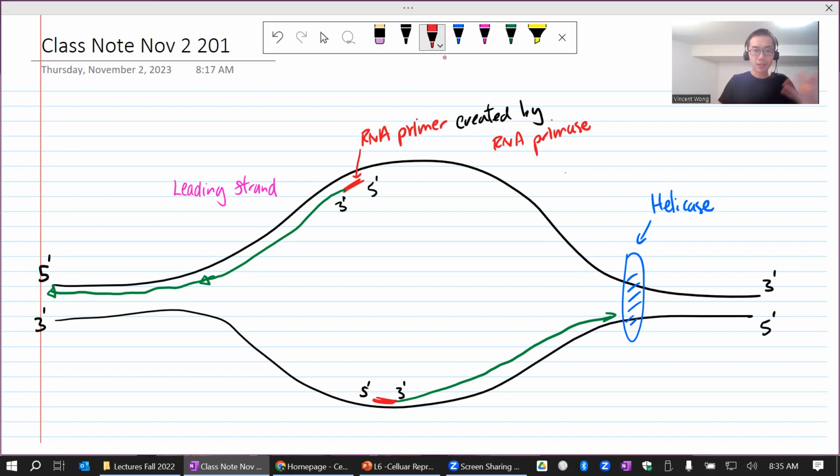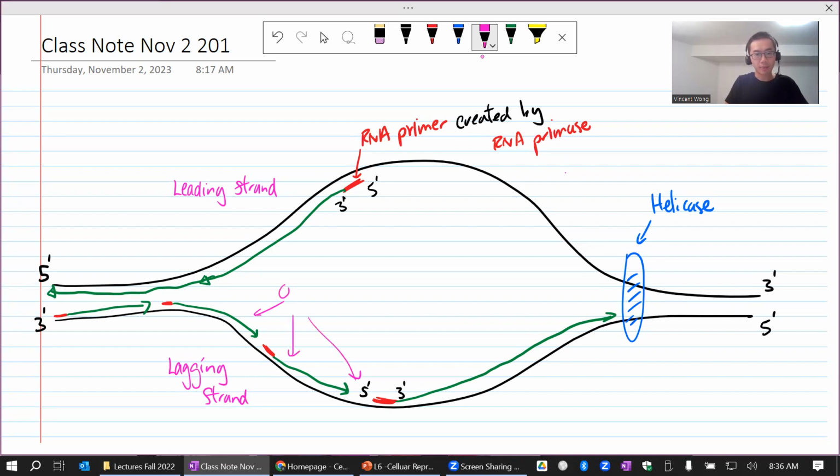But at the bottom, as you open up more, you're going to have to put another primer and another primer, right? And then another primer. And so we will be creating little fragments. Right? So the bottom strand is not being synthesized in one piece. You do it a little bit at a time. So that's called the lagging strand. And these fragments, they are called Okazaki fragments.